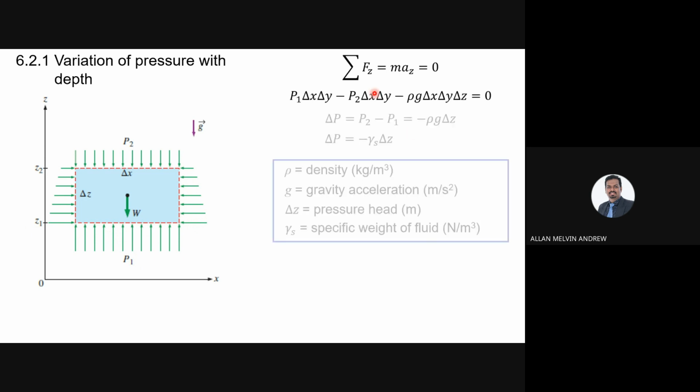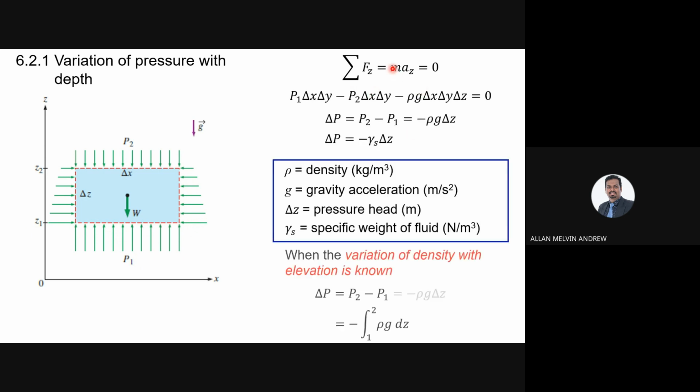Okay, so some derivations. Once we derive, we can see it all comes from F equals ma, Newton's law.